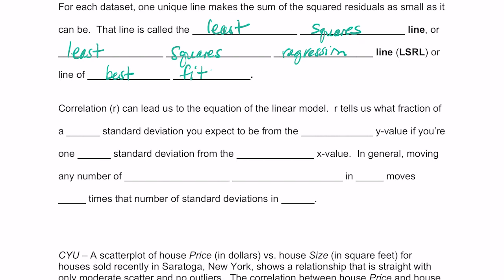Correlation, remember that's the letter R, your correlation coefficient, can lead us to the equation of the linear model. The correlation, or R, tells us what fraction of a y standard deviation you expect to be from the mean y value if you're 1 x standard deviation from the mean x value.